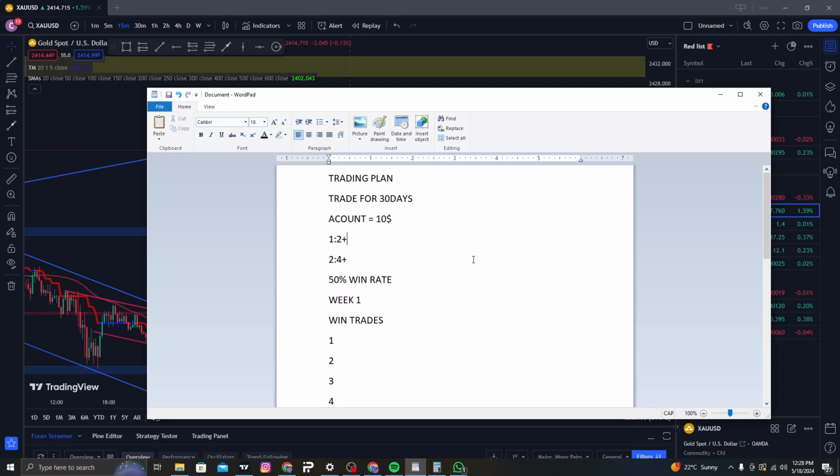You can use 1:3. I'm going to explain those things, right? Now you can see there's a 2:1 ratio. This is basically the amount that you're going to be risking in every trade, right? You are going to be risking $2 to make $4 each and every trade, right? Each and every trade that you're going to enter, you're going to try to do this.